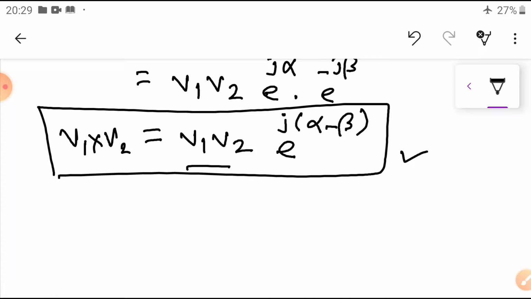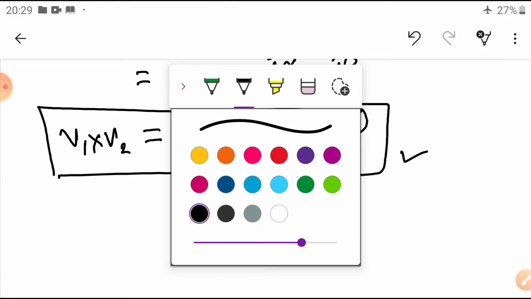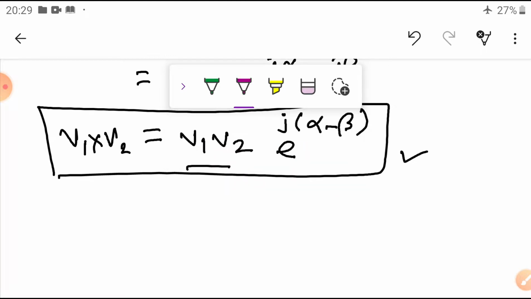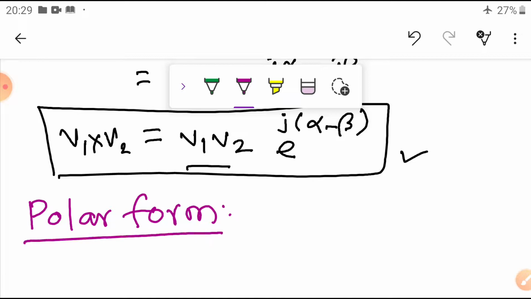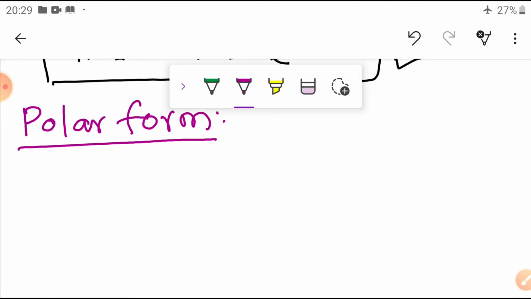Okay. So, we will do another form also. What is that other form? Polar form. Polar form is very easy. Okay. Now, polar form. What is a polar form here? Here, the first vector is given, V1 is equal to A1 plus j of B1.